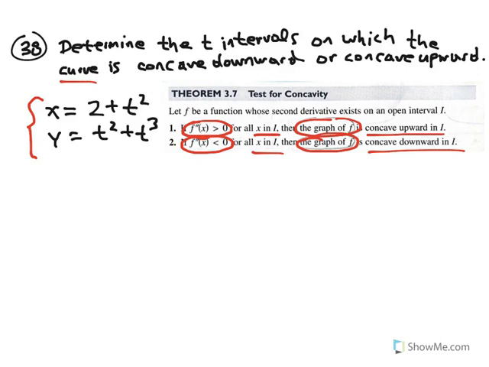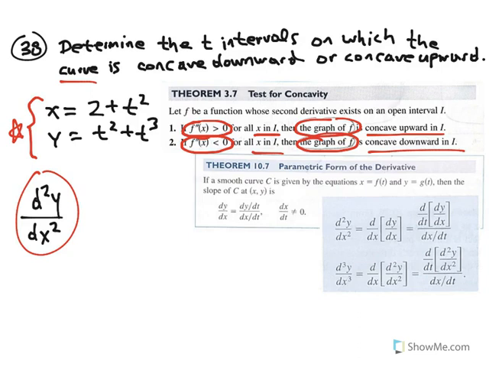So we have to look at the second derivative for the curve represented by this set of parametric equations. So we begin by using the parametric form of the derivative that we learned yesterday to find dy/dx, or the first derivative for the curve represented by our set of parametric equations.